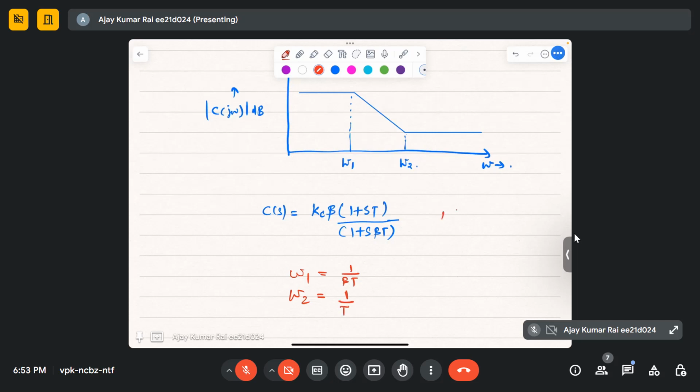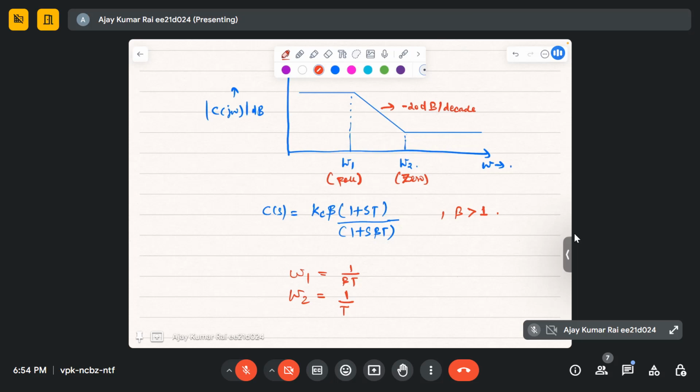You know β is greater than 1, so 1 by βT will be smaller than 1 by T. In terms of poles and zeros, this is the pole and this is the zero. So you can see here, this is a minus 20 dB per decade decrease, because at omega 1 you have encountered a pole, so the slope will decrease.